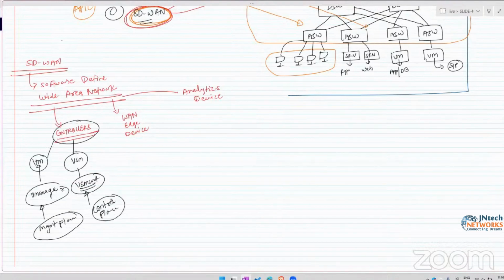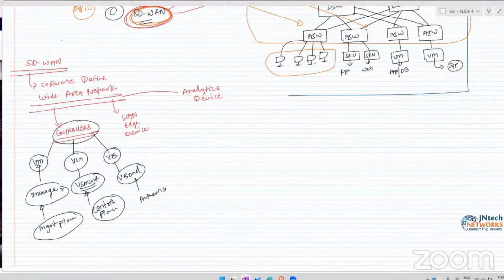Now, next device is vBond. Basically, this controller is new. It's called vBond. This one will maintain the authentication concept, or you can say the orchestration plane, OP.